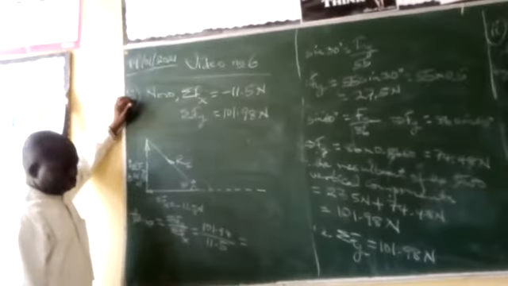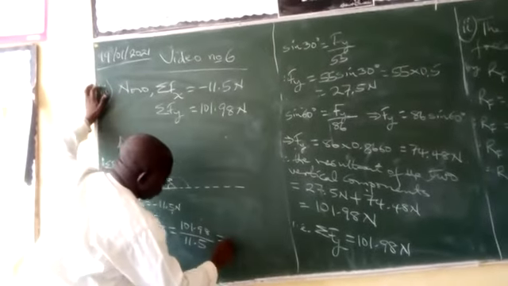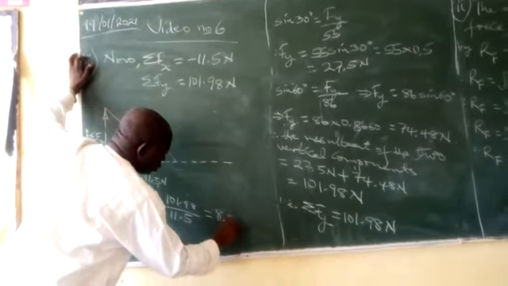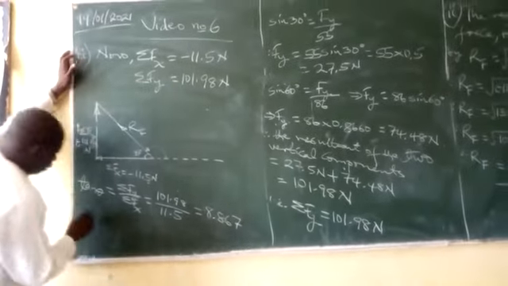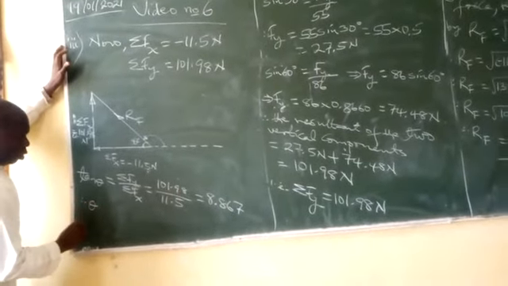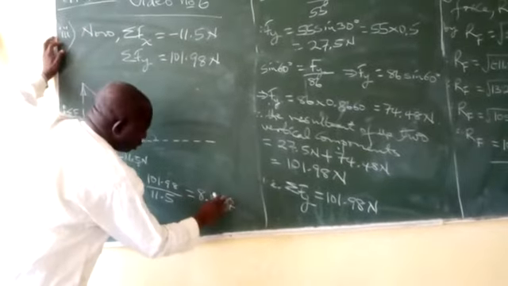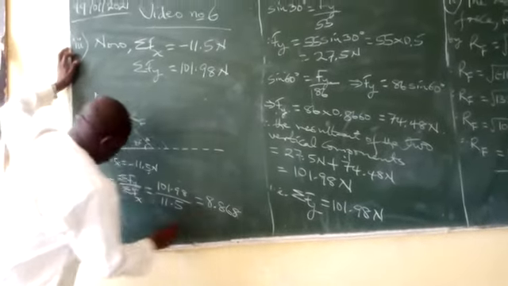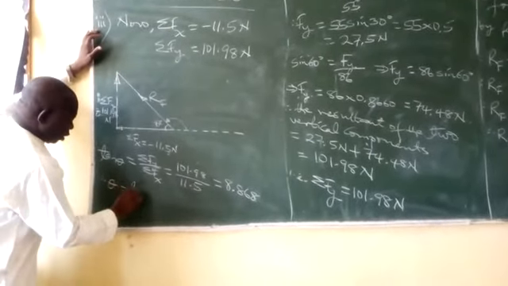The answer is 8.868 approximately. So theta will be tan inverse of 8.868.